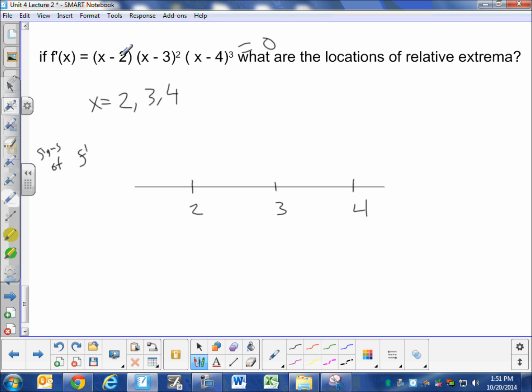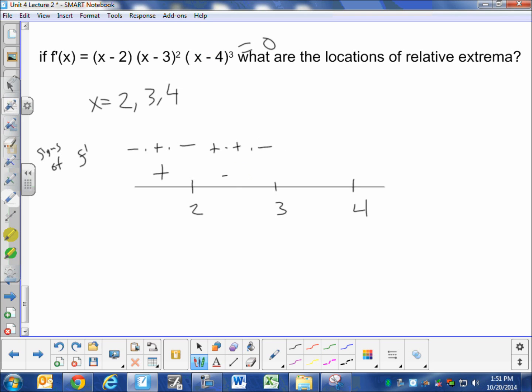I get a negative times, this would be negative 3 squared, which would be a positive, times a negative value cubed, which would also be a negative. Negative times a positive times a negative. Let's look at 2.5. This first guy is positive, this second guy also positive because it's 2.5 minus 3 squared, and then this would be negative cubed, which would stay negative.